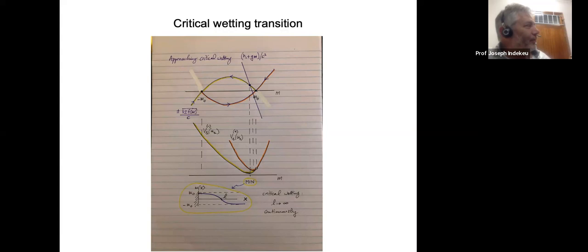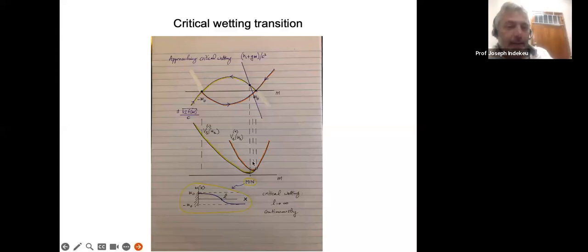And if I do that, I obtain the wetting condition in a continuous fashion, not with a jump, not as a jump between two very distinct solutions, but as a gradual approach of a single solution to its limiting wet state solution.